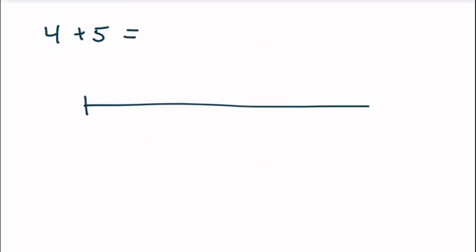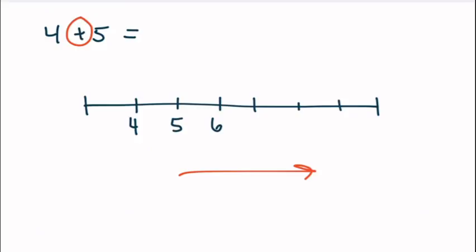Let's do more. 4 plus 5. First we draw our number line, plot the number 4, and because it is addition, we are moving to the right 5 times. 1, 2, 3, 4, 5. And that's 5, 6, 7, 8, 9.